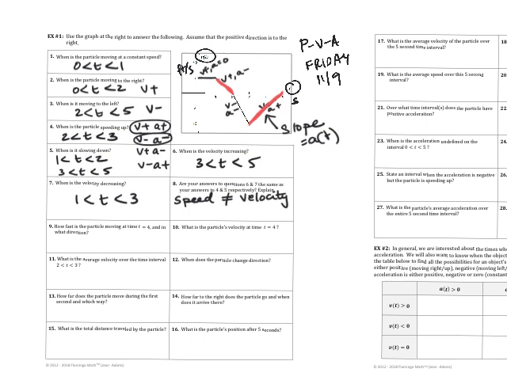Speed is equal to the absolute value of velocity, which is why our particle in the time t equals 3 to t equals 5, the velocity is actually increasing, but the particle is slowing down. Velocity is becoming less negative, so it's increasing, but the particle is slowing down because the magnitude of the velocity, or the absolute value of the velocity, which is speed, is decreasing.